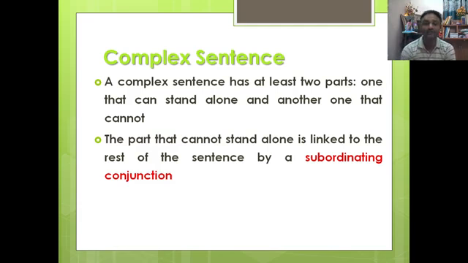Now we have moved to a subordinating conjunction from a coordinating one. We used coordinating conjunctions in the compound sentence, but in a complex sentence we have to use a subordinating conjunction. Subordinating means we are assisting, we are helping.